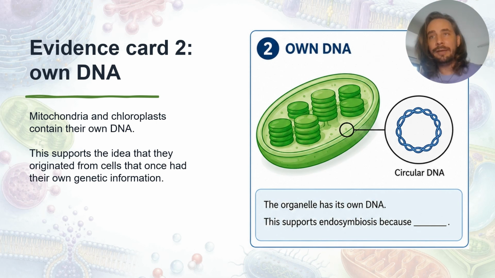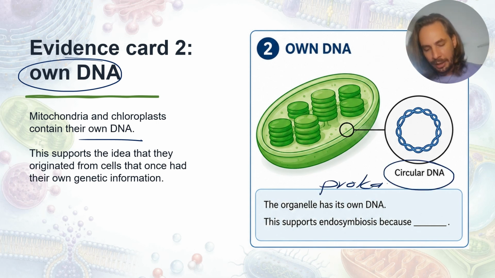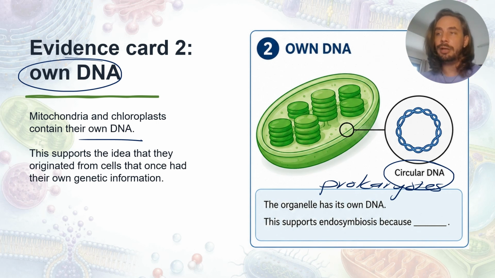Now, the other big piece of evidence is that they have their own DNA. Mitochondria and chloroplasts contain their own DNA, and they have circular DNA like other prokaryotes. So prokaryotes have circular DNA, and chloroplasts and mitochondria also have this circular DNA. The organelle here has its own DNA.